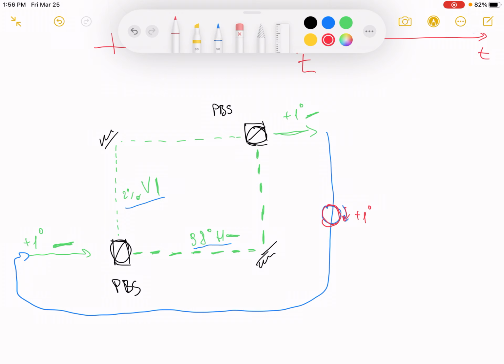What happens is that our photon becomes polarized at plus 2 degrees, a little bit further away from the horizontal. When it comes here, it's already 2 degrees polarized, and when it goes through the beam splitter, it's no longer 2% versus 98%.